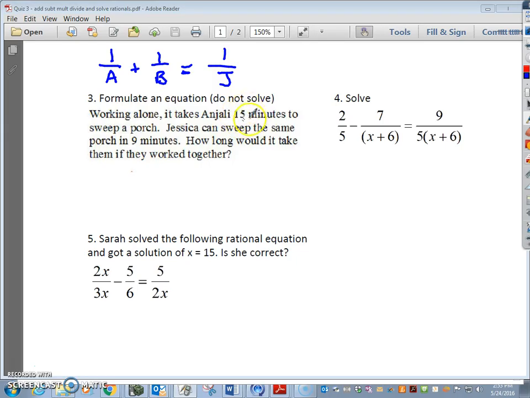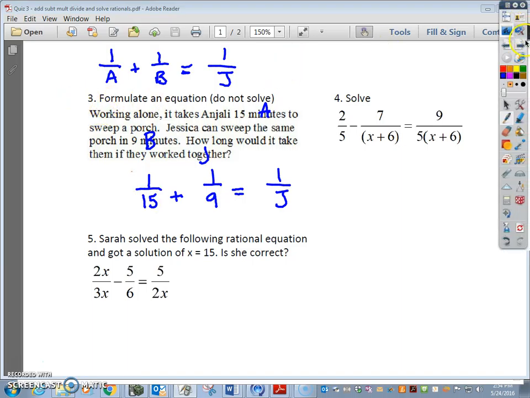Anjali takes 15 minutes, so this is work A. Jessica can sweep the same porch in 9 minutes, so this is work B. How long would it take? Well, this is J, the one I don't know. So 1 over 15 plus 1 over 9 is equal to 1 over J. And then you would have to solve for J, but this one doesn't ask us to do that, so don't worry about that.